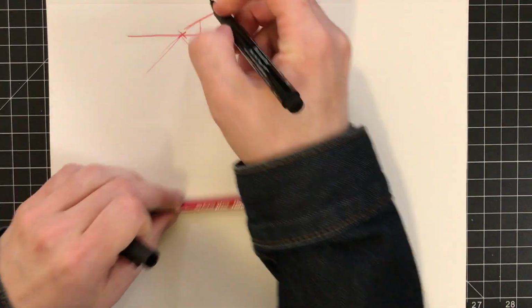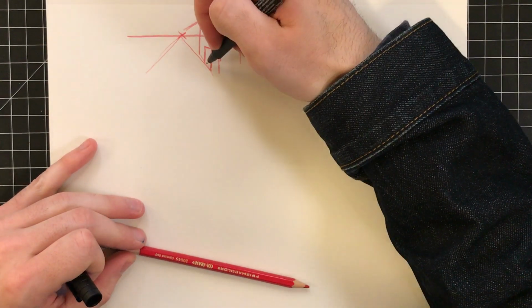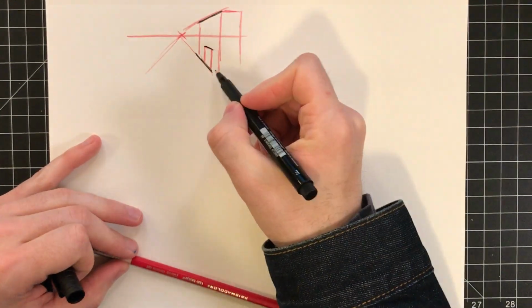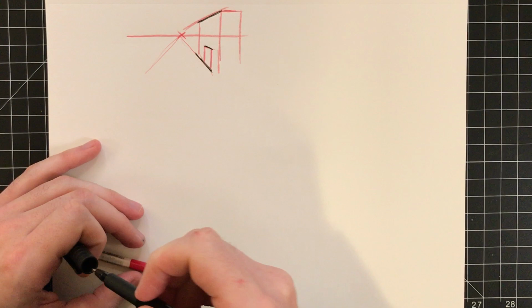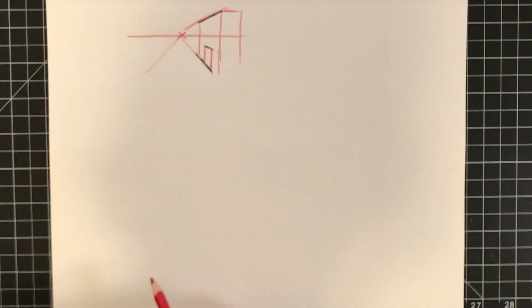All parallel lines report to a single vanishing point if they're running away from you into the distance, right?